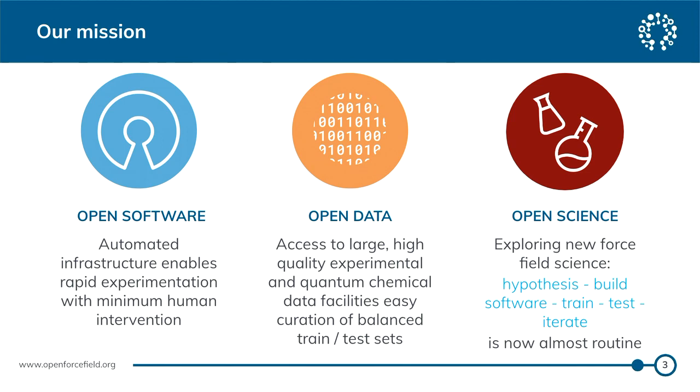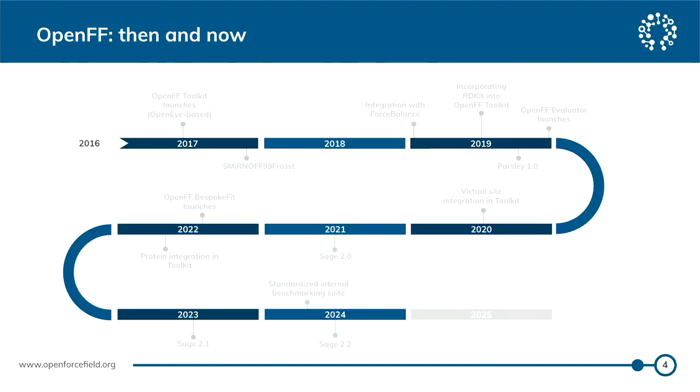Okay, fantastic. So yeah, continuing on, much like Open Free Energy, we also have a fundamental commitment to being open. So all software and data sets that we create and generate, we release permissively with licenses like MIT and CC BY. Just a bit of history of OpenForceField.